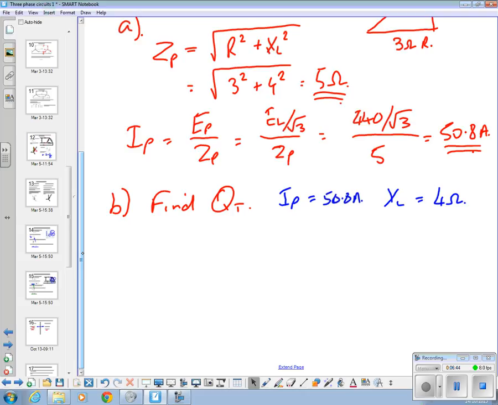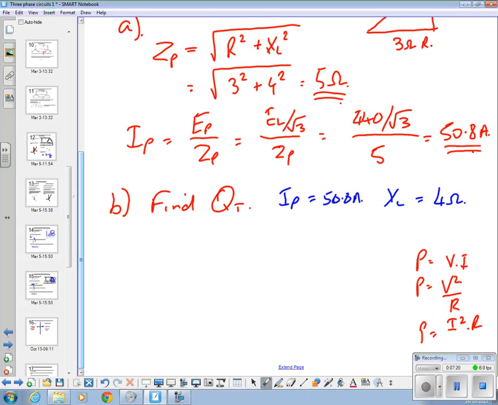Can I ask you a question now? What are the 3 ways of calculating power? Write them over here. P is VI, P is V squared over R, P is I squared times R. So if we're only talking about a reactive part, we could replace that for Q, could we not?